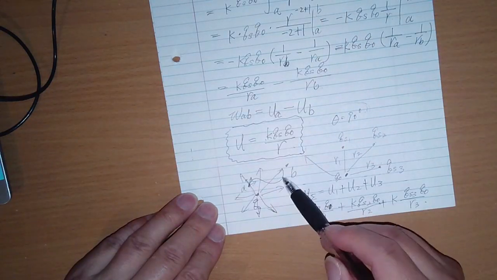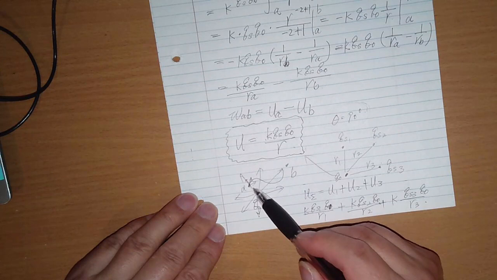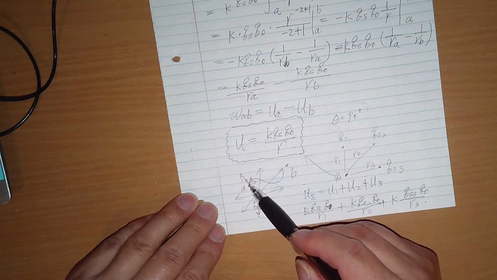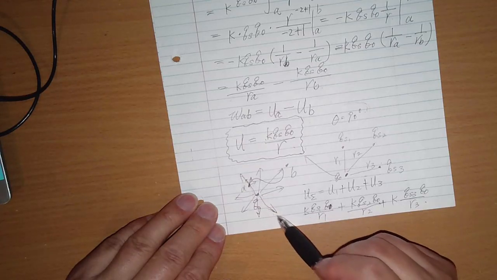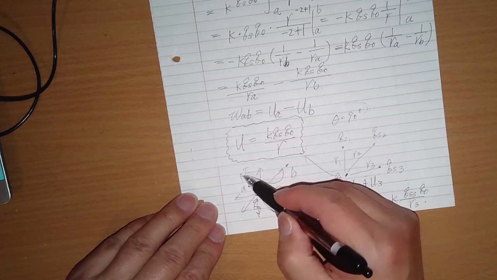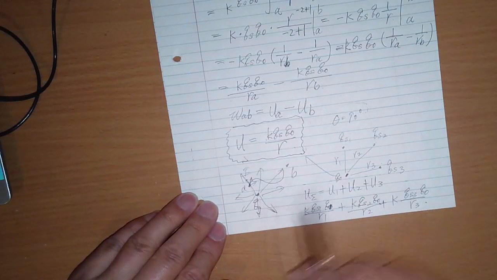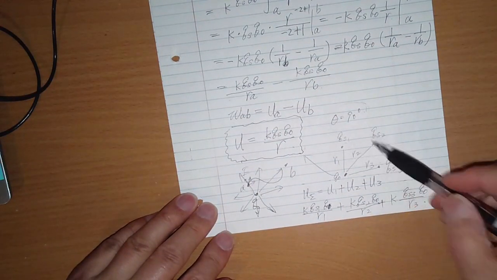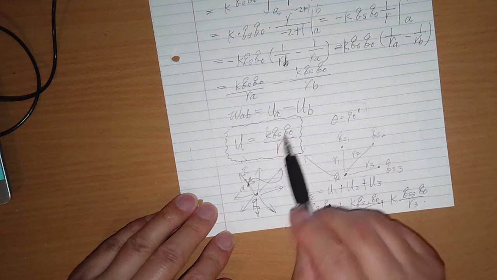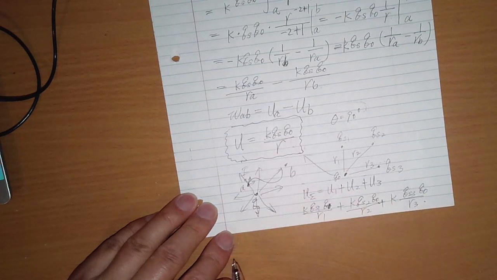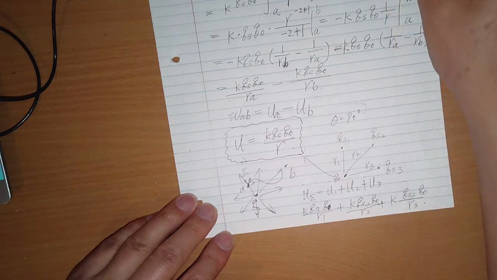So even though it's a random path, the only component that matters is the one with the same direction as the electric field E. So we should go back to here. Another thing is, if we have multiple charges, we just use the same formula multiple times, and then we add those results together.